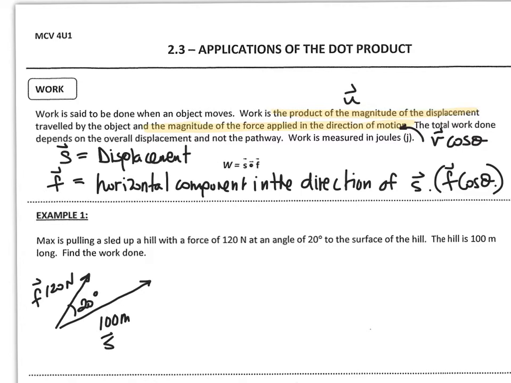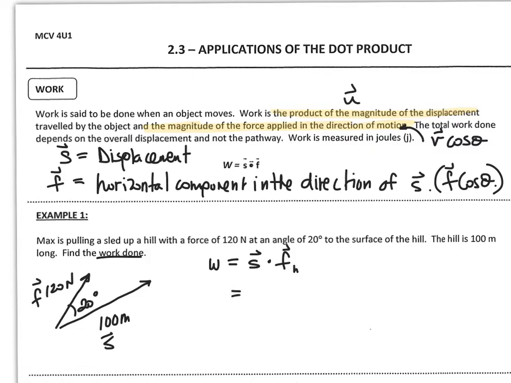And then we want to find the work done. Again, we'll set it up as work equals the displacement vector times the horizontal component of F, and we do just what we were doing before.